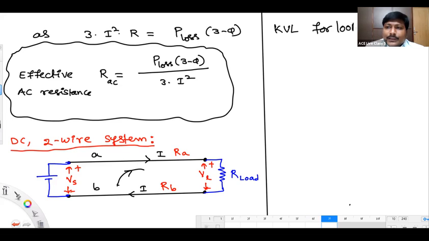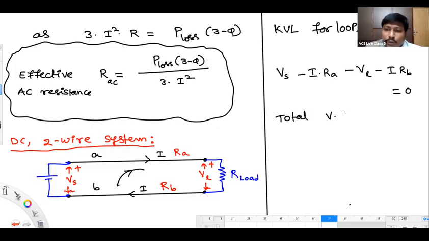So what it will give is Vs, source voltage, minus I into Ra, voltage drop. Next VL, it's also voltage drop only, minus I into Rb, that is equal to 0. Now the total voltage drop is Vs minus VL. This you can get as I into (Ra plus Rb).